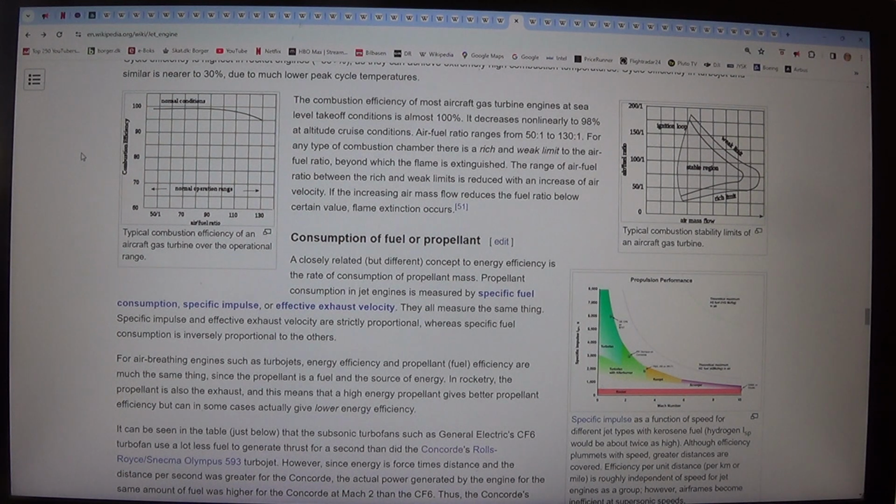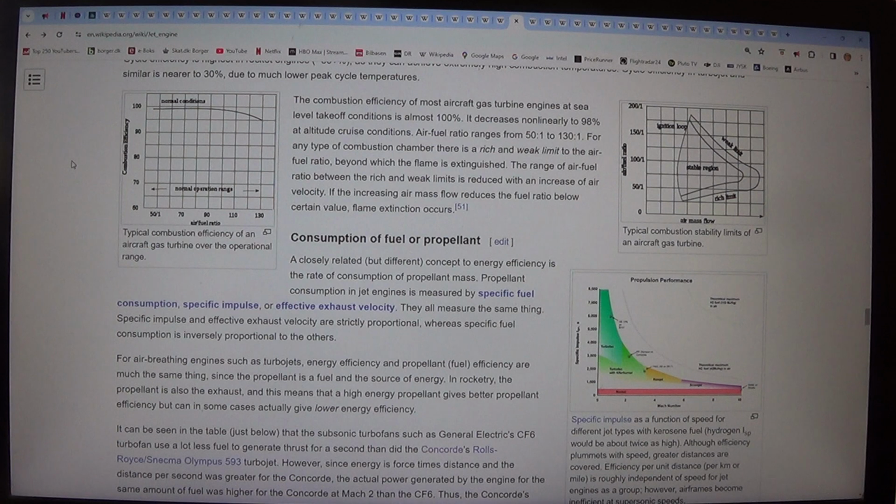For any type of combustion chamber there is a rich and weak limit to the air-fuel ratio, beyond which the flame is extinguished. The range of air-fuel ratio between the rich and weak limits is reduced with an increase of air velocity. If the increasing air mass flow reduces the fuel ratio below a certain value, flame extinction occurs.